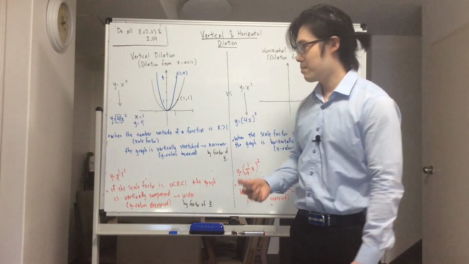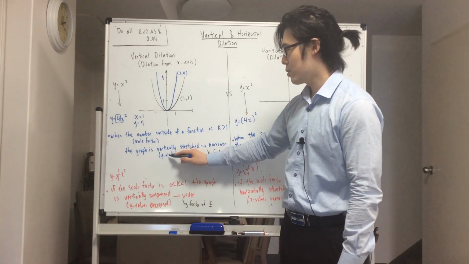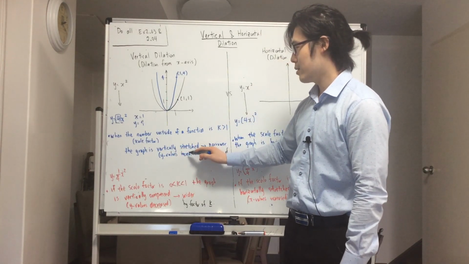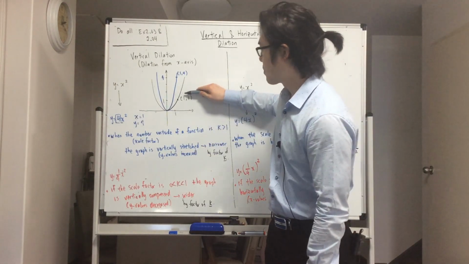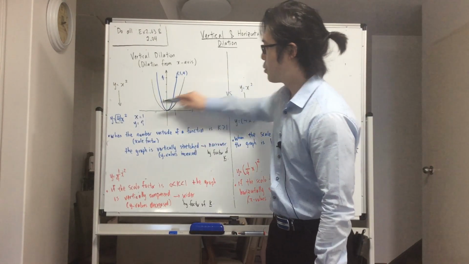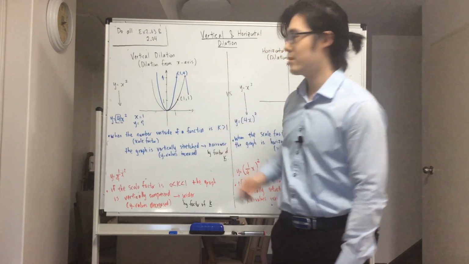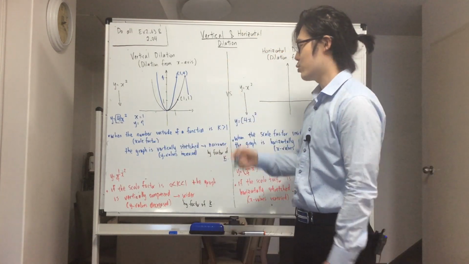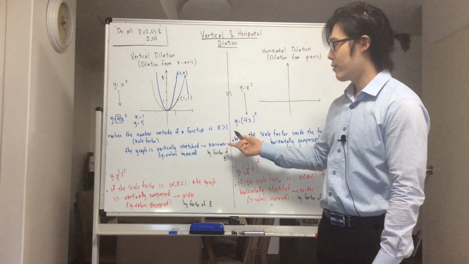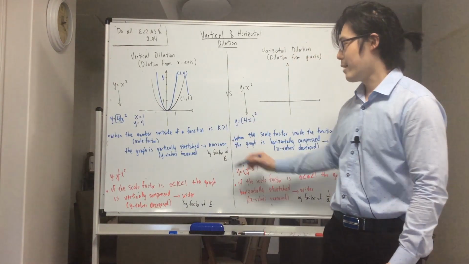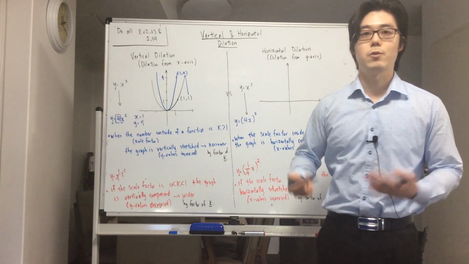What vertically stretched means is vertically means y values and stretched means it's increased. So as we can see from 1, when we put 4 in front, the y value from 1 has increased to 4. Okay, so that's what vertically stretched means. But visually the graph has become narrower by a factor of k, in this case by a factor of 4.